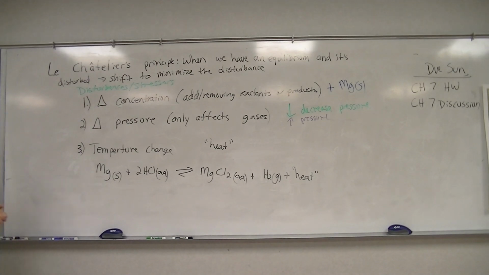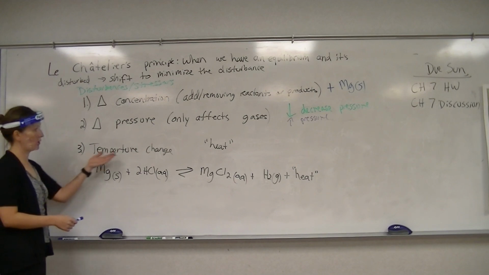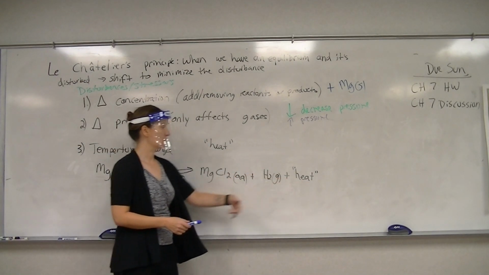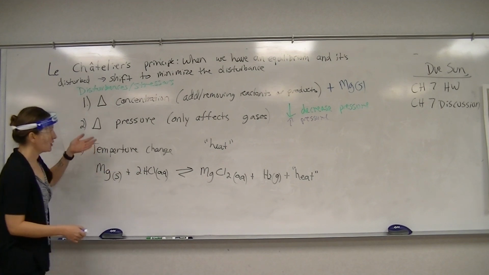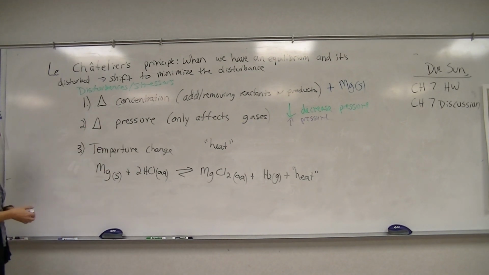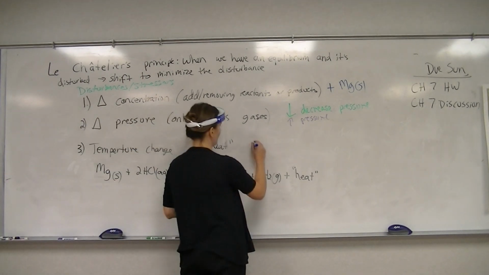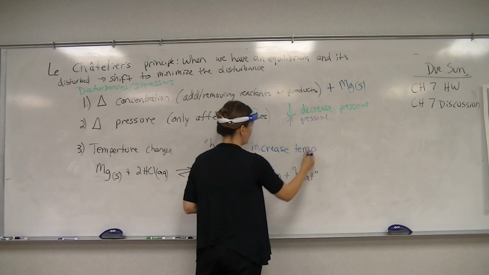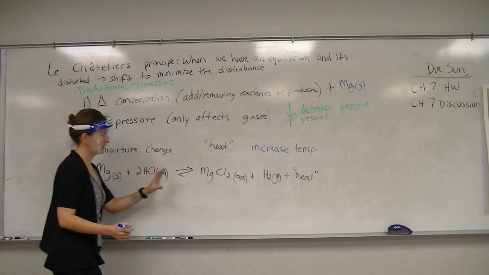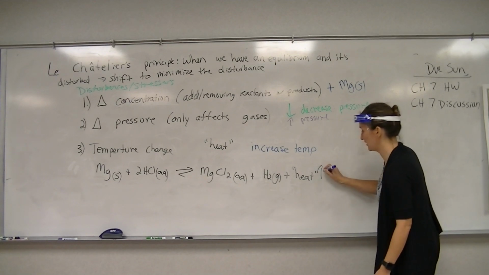Okay, so let's look at temperature. We haven't done a temperature one yet, right? So temperature change. This is where we're affecting the heat. So whenever you see a temperature change, you're going to look, where's heat? Either you can increase your temperature or you can decrease your temperature. Which one do you want to do? Increase? Okay, so let's increase the temp. If we increase the temperature, we find where heat is. And we just said increasing. That means we're adding extra heat.